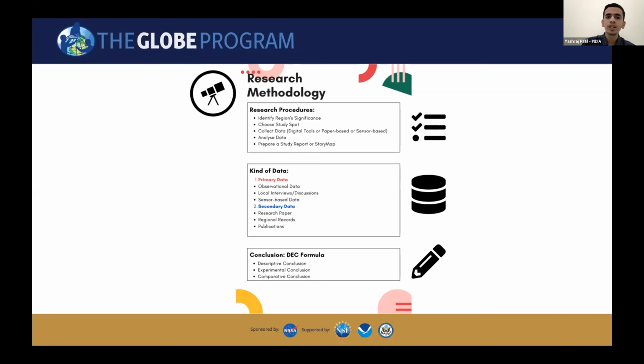Then you need to analyze those data prior to the satellite matching report or any kind of different data that you get from external publications or research papers. So you must analyze those things and prepare a study report or a story map. I was confused about how I should proceed with all that I collected from the Himalayan expedition. So Dorian Bryan helped me to make it in the form of a story map.